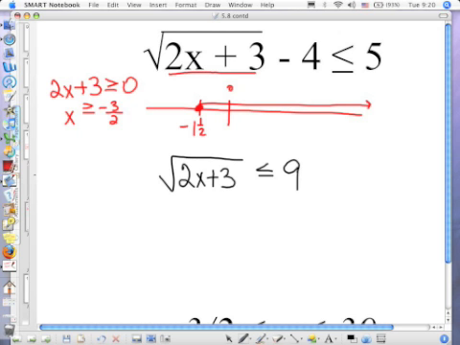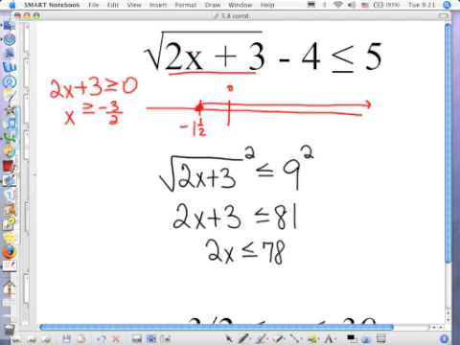Square both sides. Subtract 3 from both sides. Divide both sides by 2. All right, and then go and graph that solution.